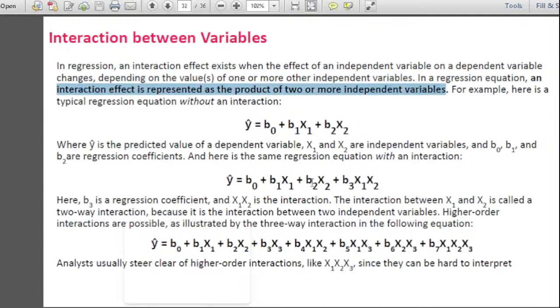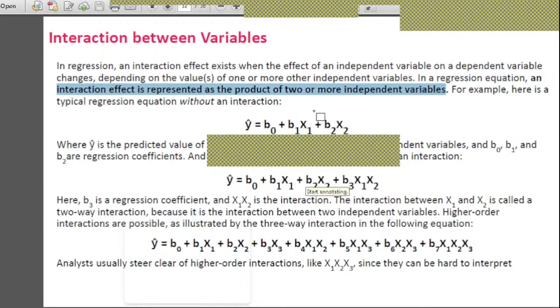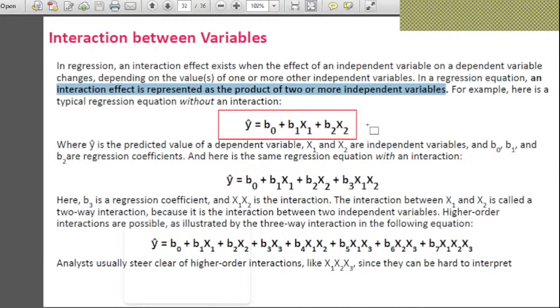If you remember, our regression line was this, with an error term, of course. So I have x1 and x2.